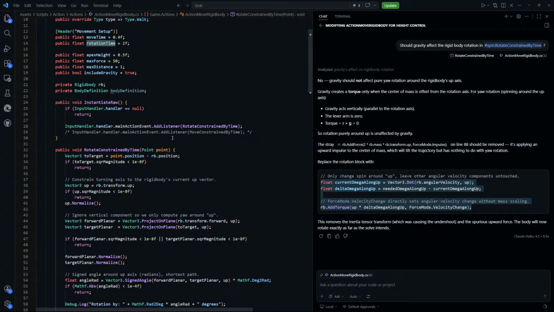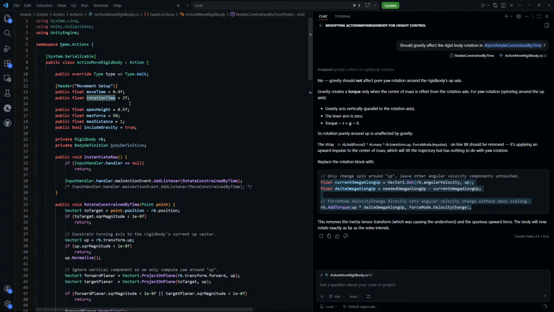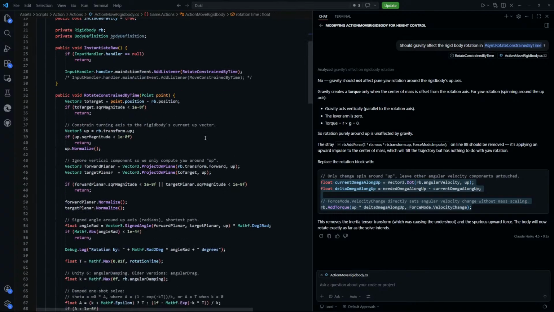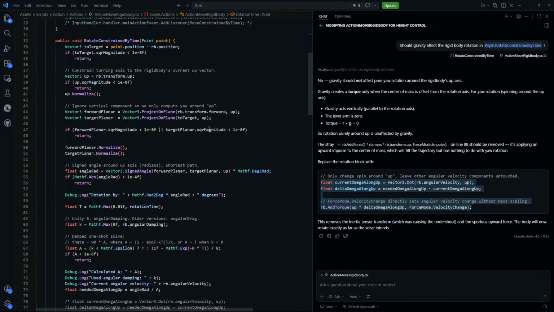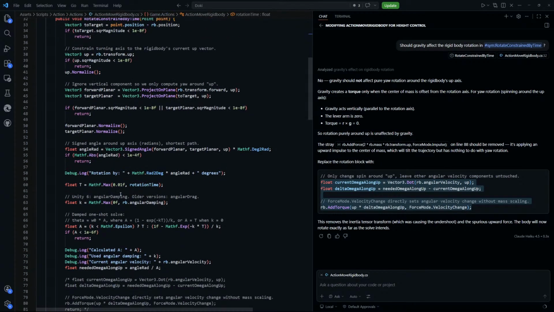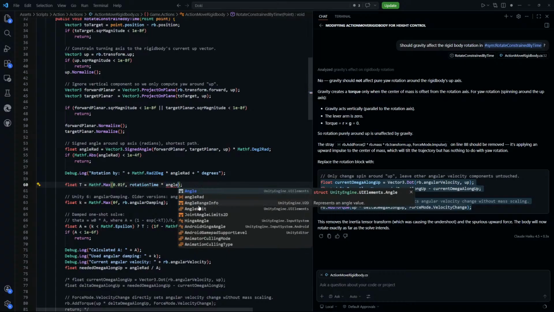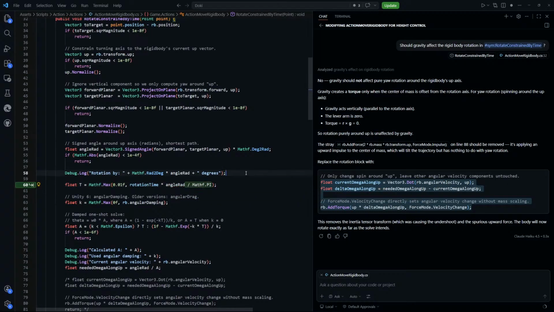If we do rotation time, 2 seconds, let's do rotation time 1 second per radian. So I guess then we're gonna do T rotation time times angle rad divided by math pi.